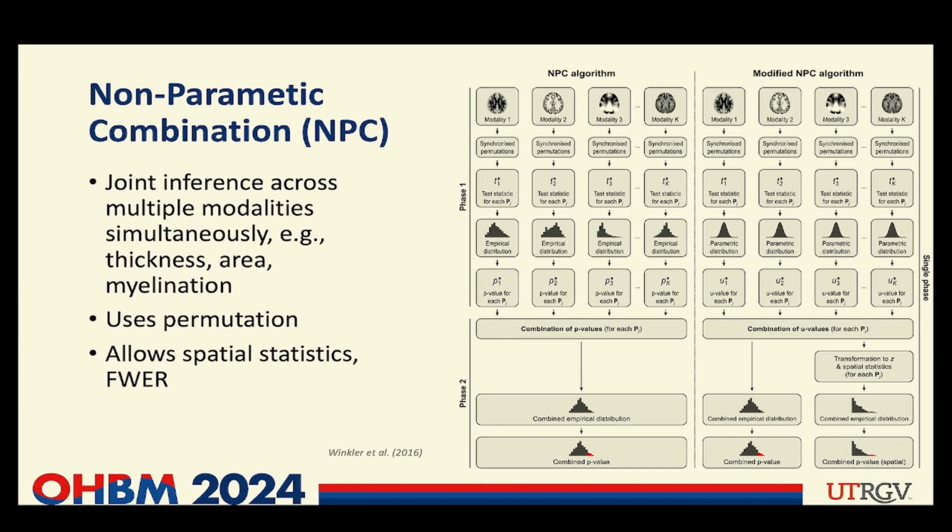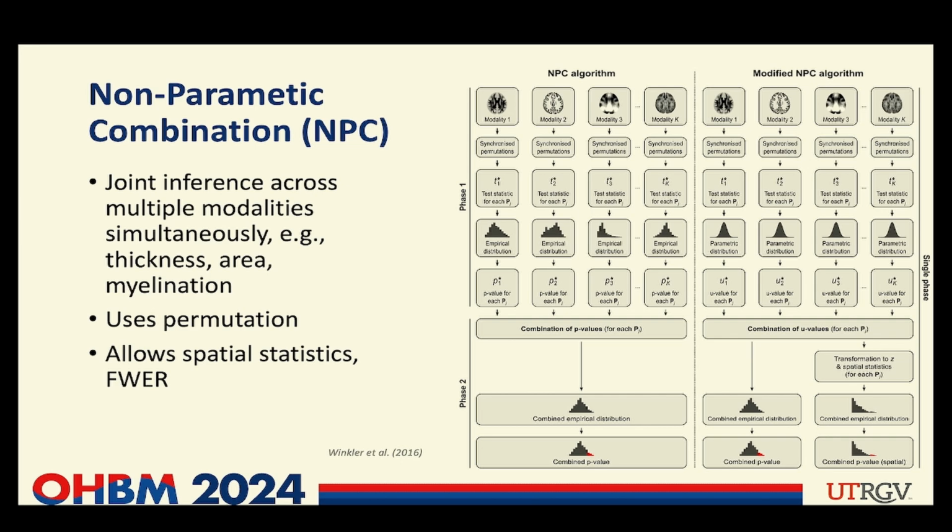And if you have that, then you can combine the results for each one of those. And because you save those permutations, you automatically, without any extra step, already have the test statistic for the combined data. And that allows you to obtain a result that refers to all those tests simultaneously.